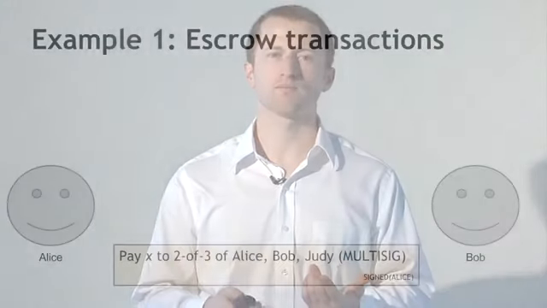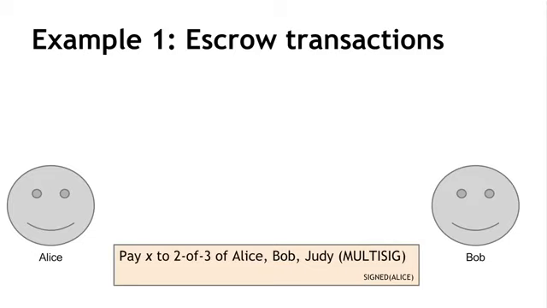There's quite a nice solution in Bitcoin that's actually used quite heavily in practice, which is to introduce a third party and do escrow transactions. So how does this work? Well, Alice is going to send the money not directly to Bob, but create a multi-sig transaction that requires 2 of 3 people to sign in order to redeem the coins.